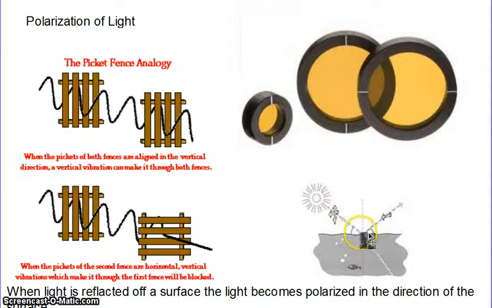When it hits a surface like the surface of water, it becomes polarized, where all the light that reflects off is only vibrating back and forth horizontally. So polarized sunglasses cancel out light that is in all the other directions. And we'll look at polarized light in lab also.